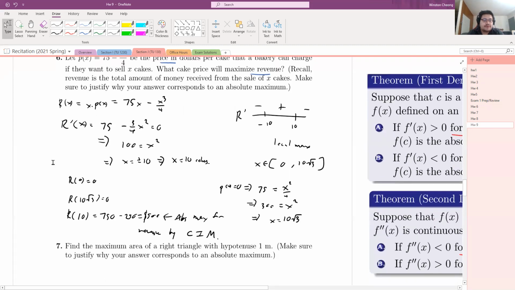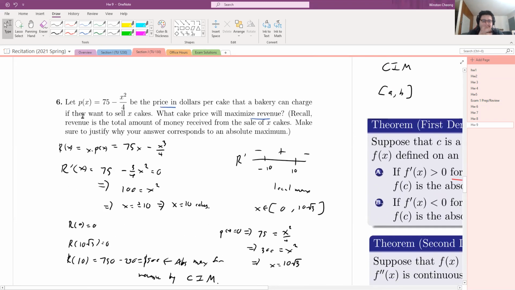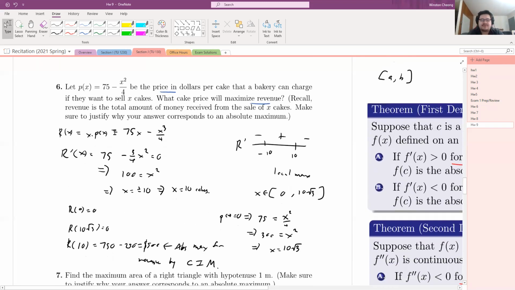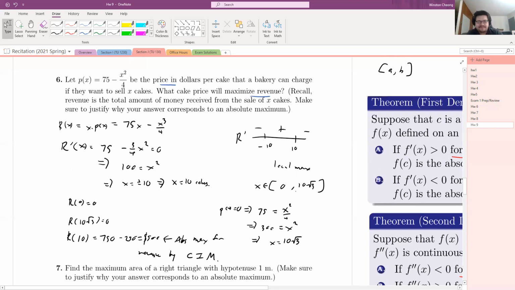Notice that x is not the cake's price, x is the number of cakes. The way that this problem is structured is a bit funny. It's a bit more work, but it makes some sense. So what you actually want to do is figure out what is P of 10.